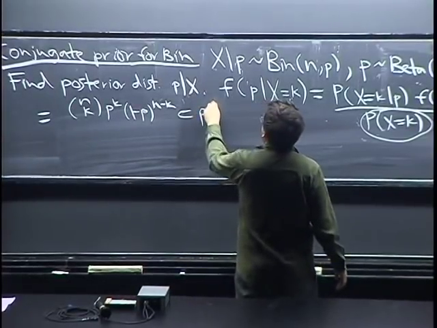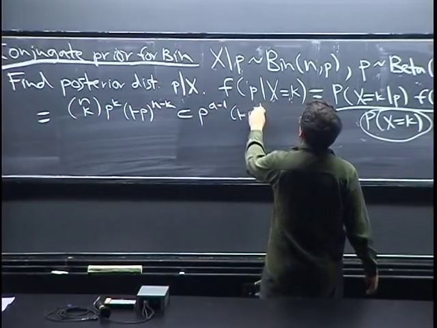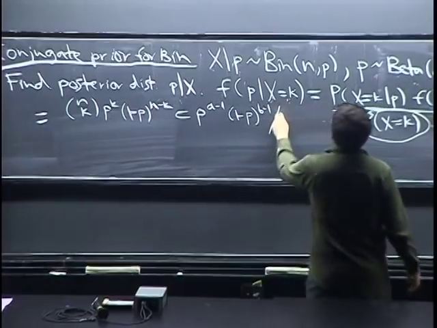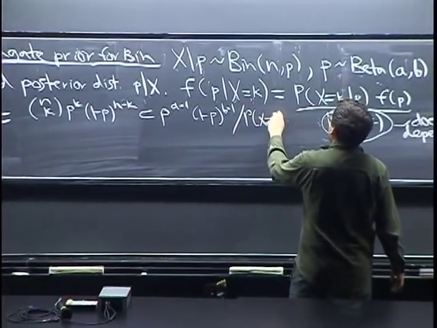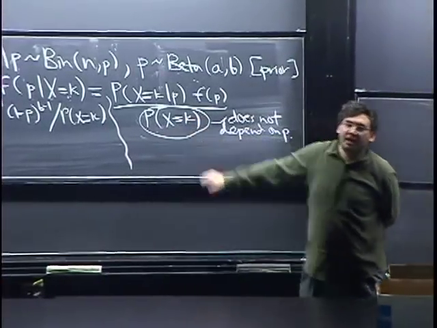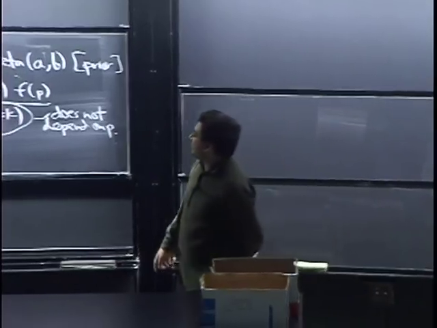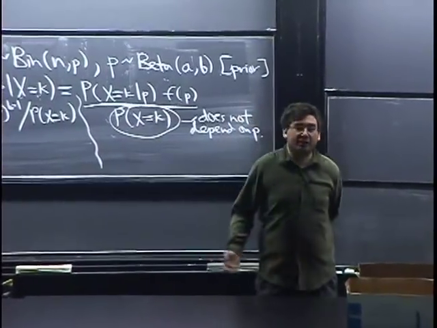And P to the a minus 1, (1 minus P) to the b minus 1, divided by the probability that X equals k. Now, seemingly to get the probability of X equals k, we would have to use the law of total probability. That is, we integrate and condition on P, and we can do that.